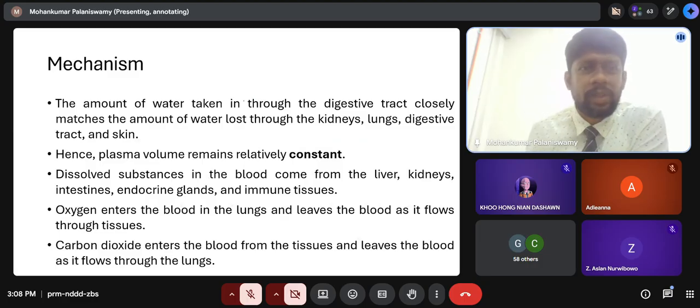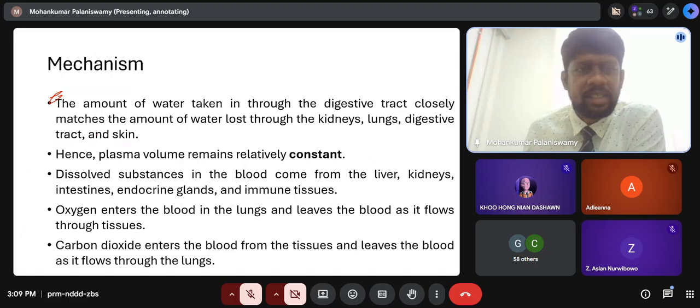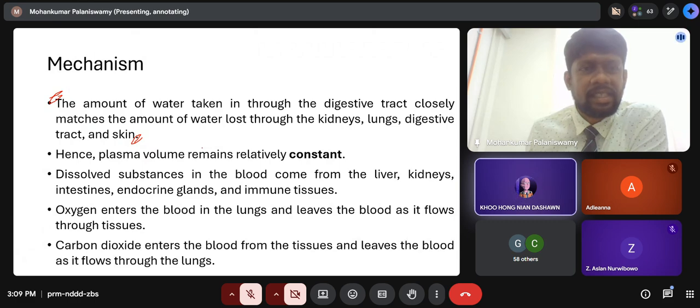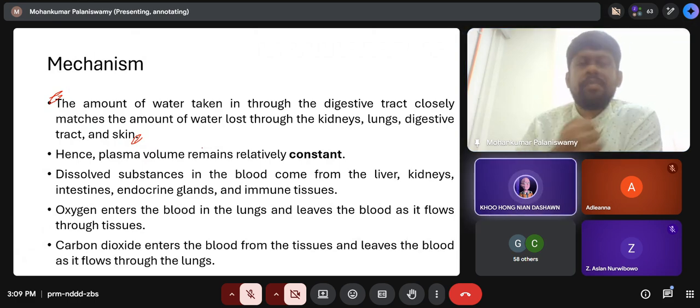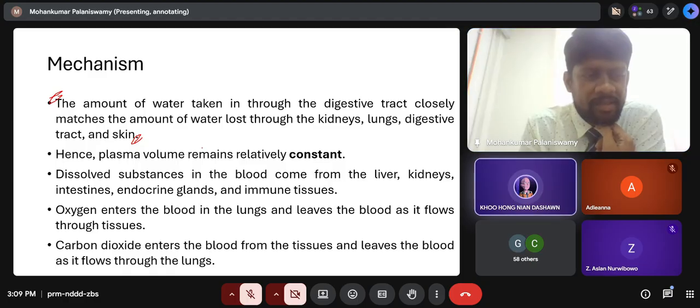Anybody else would like to explain this sentence? The amount of water taken through the digestive tract closely matches the amount of water lost through the kidneys, lungs, digestive tract, and skin. Doctor, yes. The amount of water taken in through the digestive tract means the water that we drink, or the water from our food and the fruits that we consume.